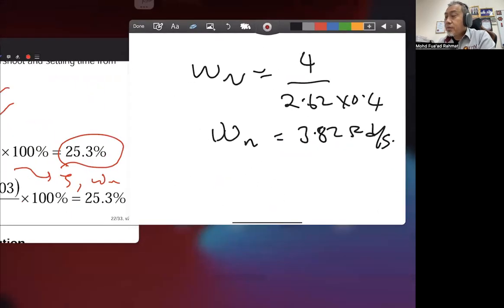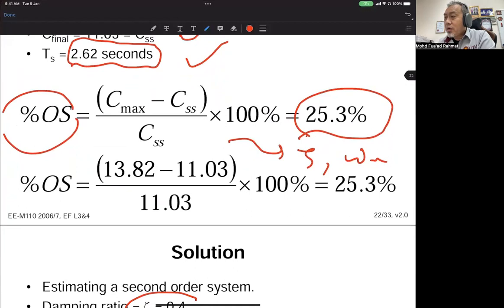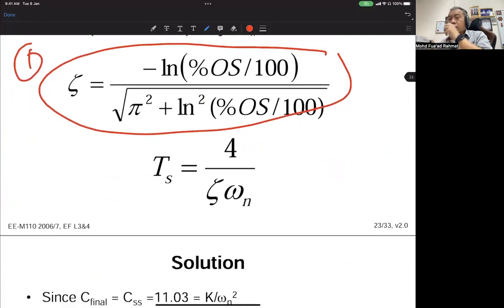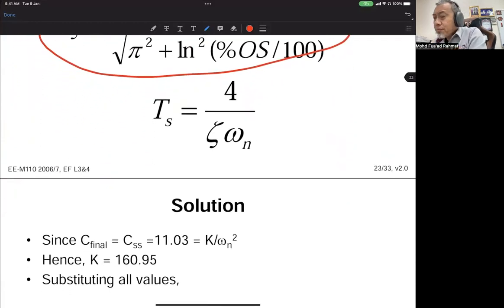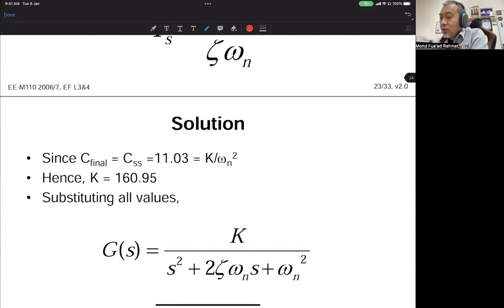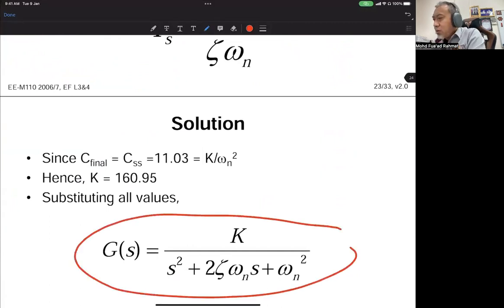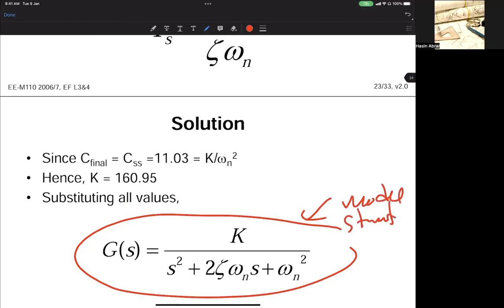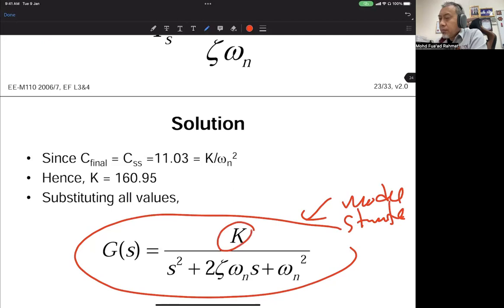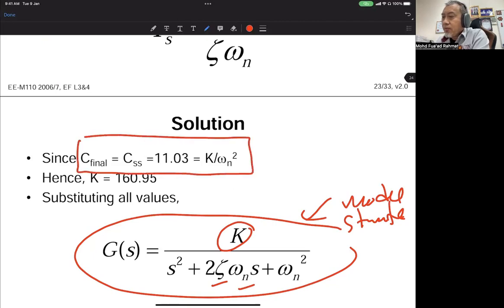So this zeta and omega n, the damping ratio and undamped natural frequency, is important because you want to fit into the second order model structure. This is the gain, this is the damping ratio, and this is the omega n. To find the gain, we simply equate the final value 11.03 divided by k over omega n square.